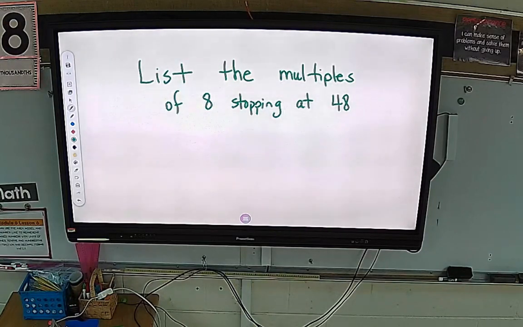Clue. These are not pairs. I'm not asking for what is multiplied by anything. Okay? I'm not asking for pairs of numbers. Multiples are not in pairs.